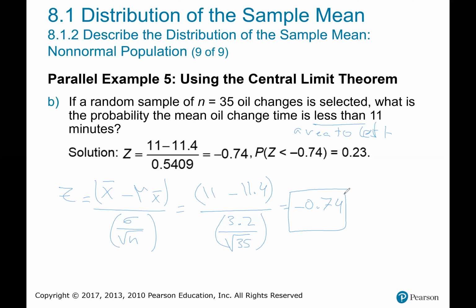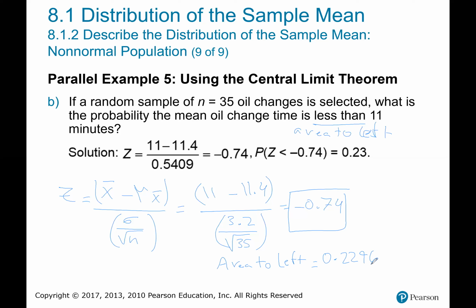And again, guys, because it says less than 11 minutes, I'm going to find the area to the left. Since the z-score is negative, I should look at the A-11 table and then look at the area to the left. So the area to the left is 0.2296.